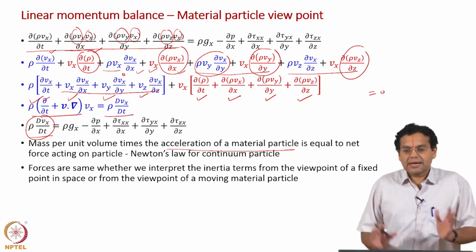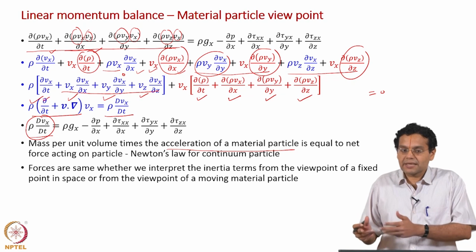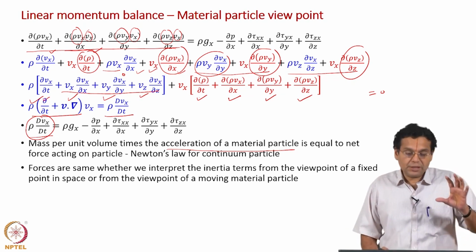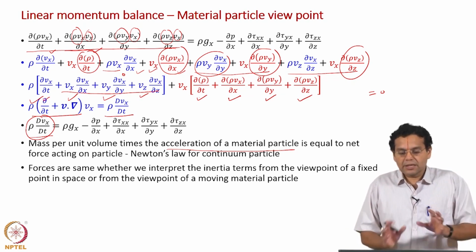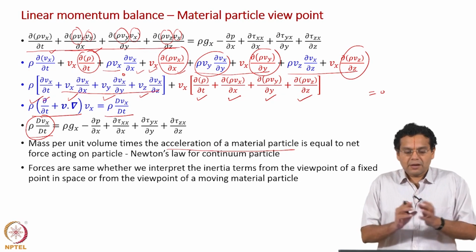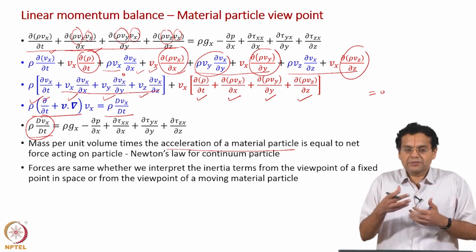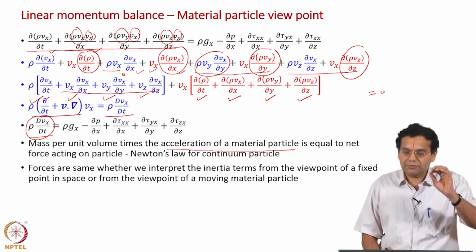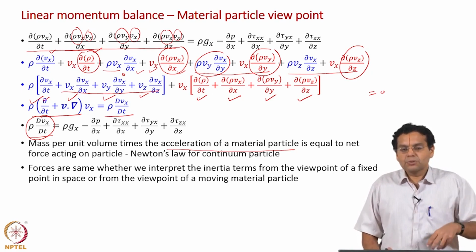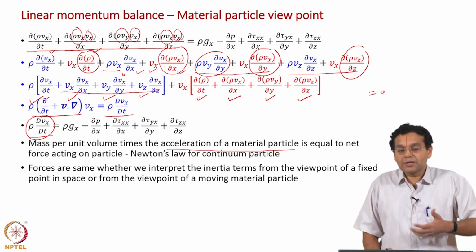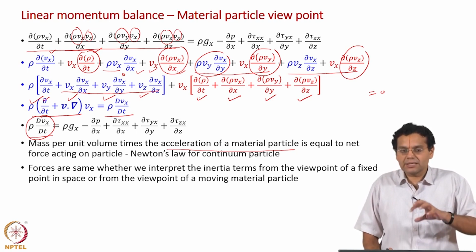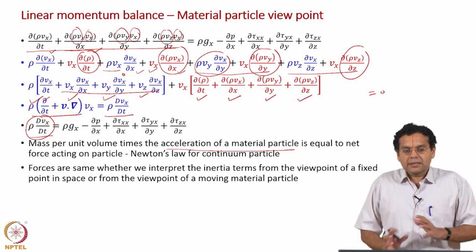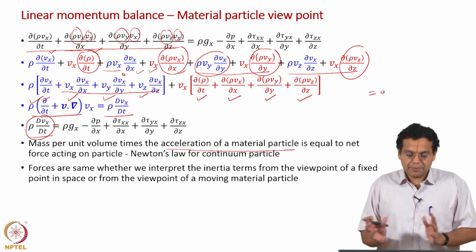Independent of that, the right hand side is the same. There was no change in the right hand side. So, whether you view the inertial terms in terms of a fixed control volume, as change of momentum, momentum entering and leaving, or you take the viewpoint of a moving fluid particle, density into its acceleration, the right hand side is independent of these two viewpoints.